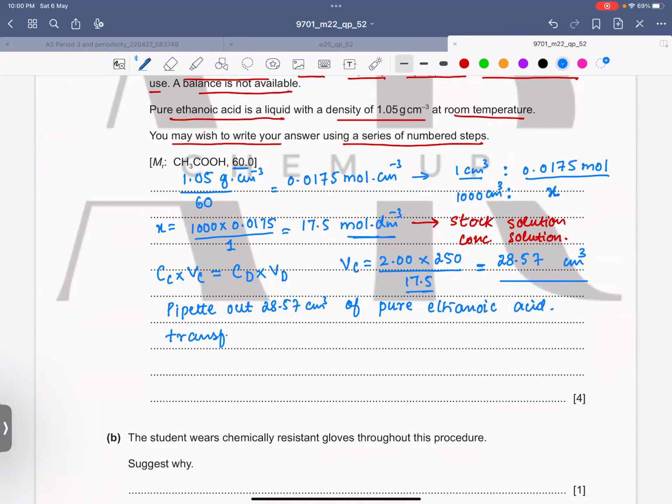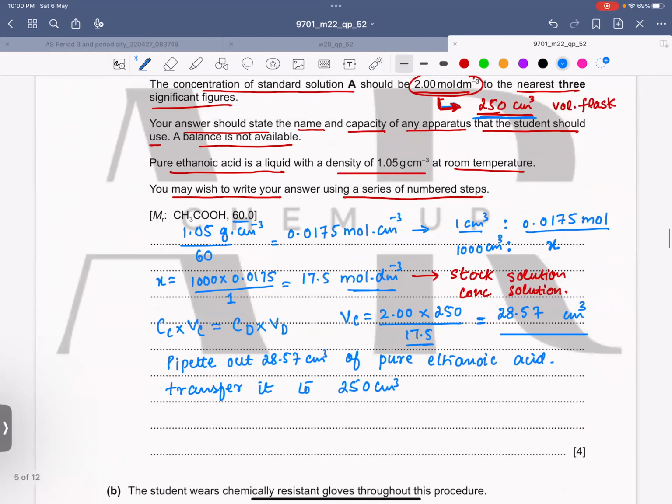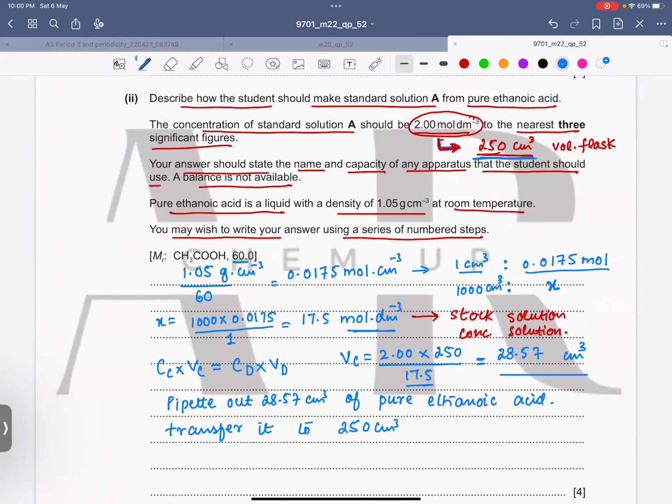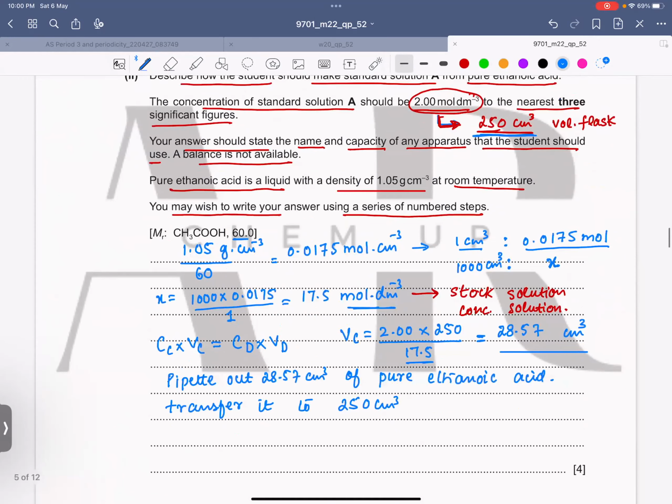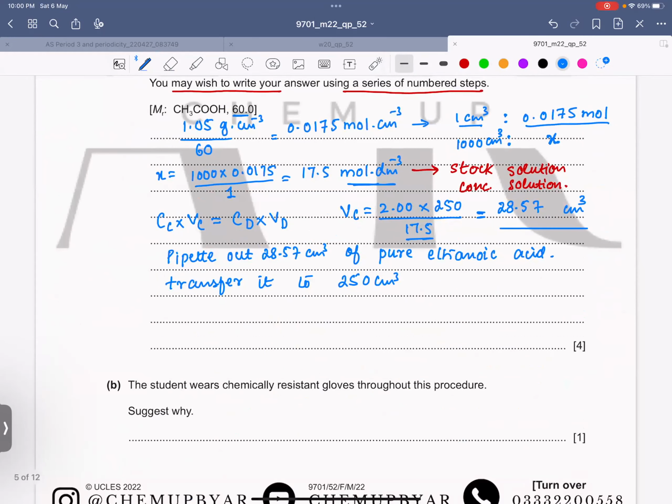Transfer it to, now we have to mention the volume over here because they didn't provide the volume in which you are preparing. So that's what we have decided on our own. So transfer it to 250 centimeter cube of volumetric flask.